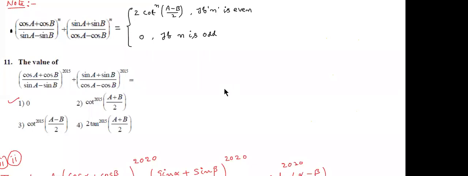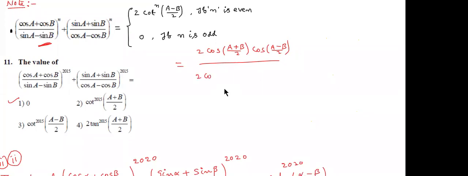If you want to prove it, I will explain here. See the first term. What is the first term? In the numerator, cos C plus cos D is there, or not? So the cos A plus cos B formula: 2 cos (A plus B) by 2 cos (A minus B) by 2. But in the denominator, observe that sin C minus sin D is there.